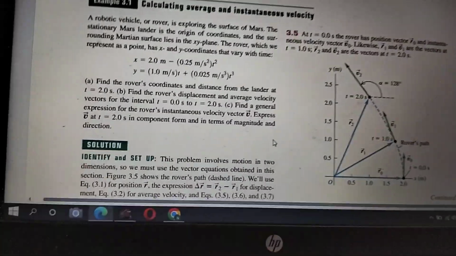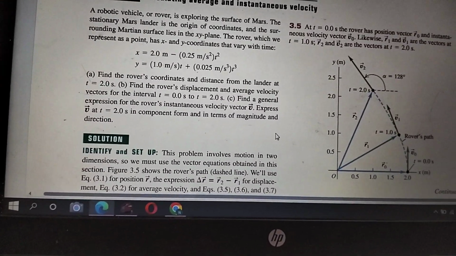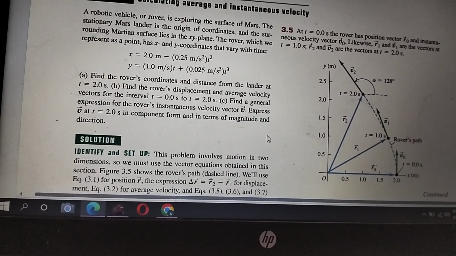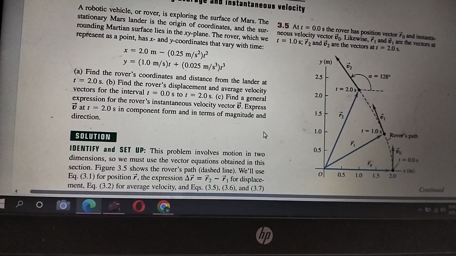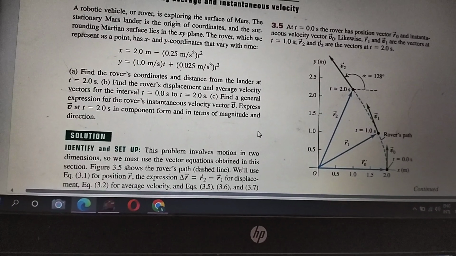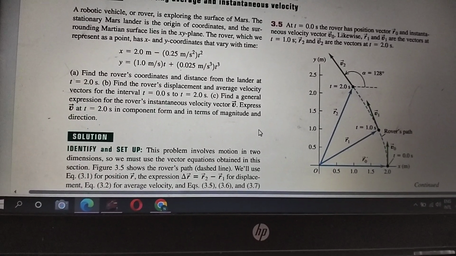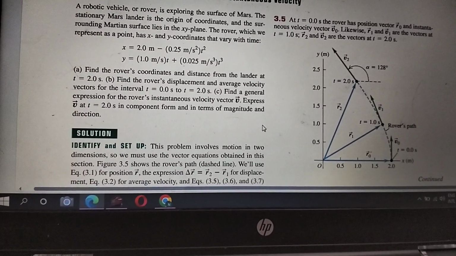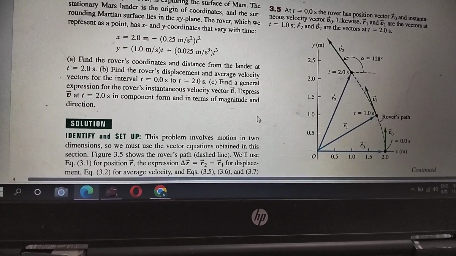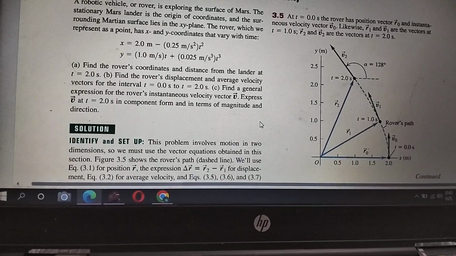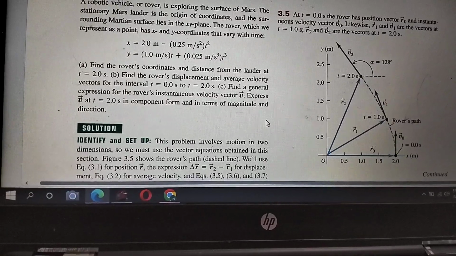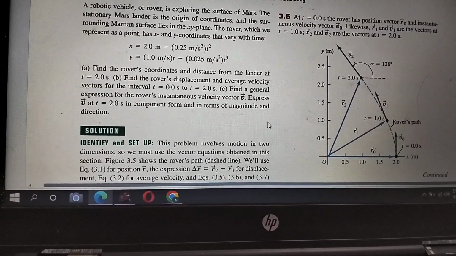So, x is given by 2 meters minus 0.25 meters per second squared times t squared, and y is 1 meter per second times t plus 0.025 meters per second cubed times t cubed. Find the rover coordinates and distance from the lander at time equal to 2 seconds.